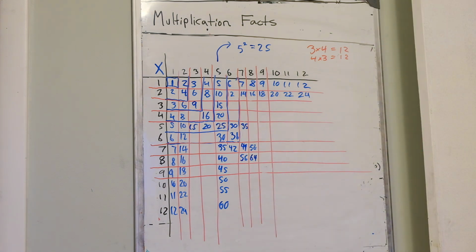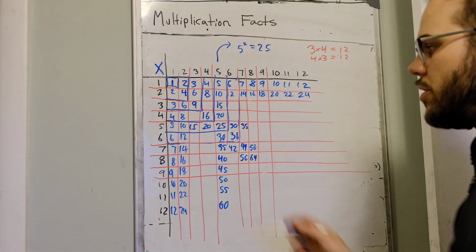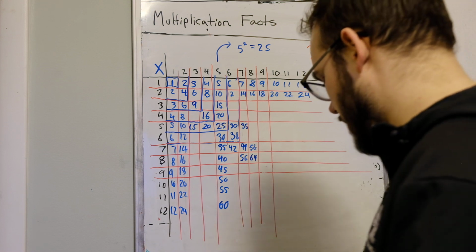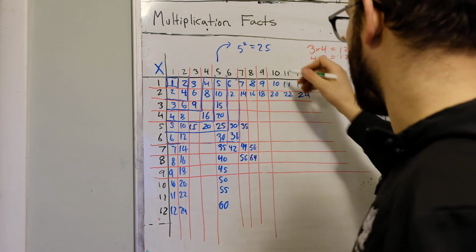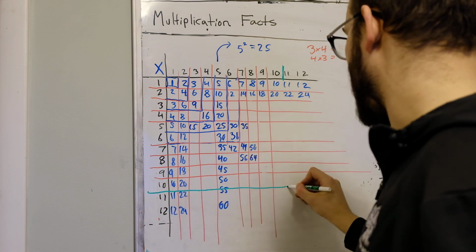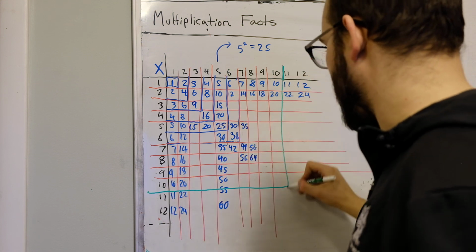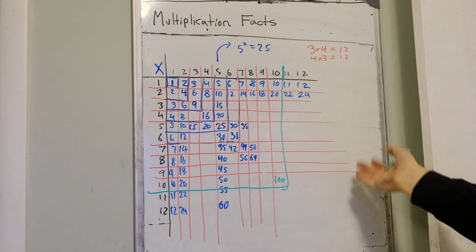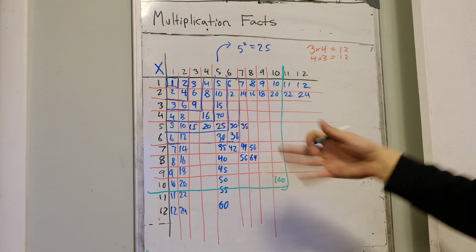So, you should be doing this. You should be taking some time with these multiplication tables just to become more familiar. But what you really should be knowing, the critical stuff, is that you need to know up to 10 both ways. You need to know up to 10 by 10. Because 10 times 10 is 100, after that it's triple digits.